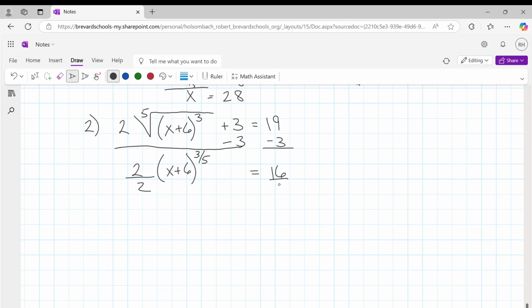Divide both sides by 2. So x plus 6 to the 3/5 is equal to 8. And then raise each side to the reciprocal of this exponent, which would be 5 over 3.